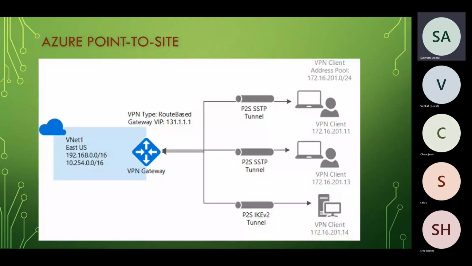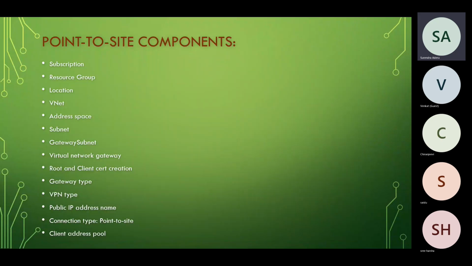As part of it, we created one virtual network. We created the prerequisites of these services: the virtual network, the address space, where we decide one IP address range for the VNet. We'll have the subnets for creating the VPN gateway, that is our virtual network gateway service.